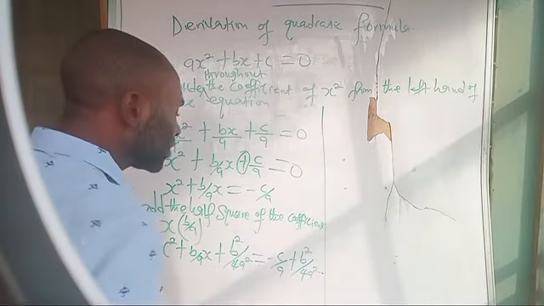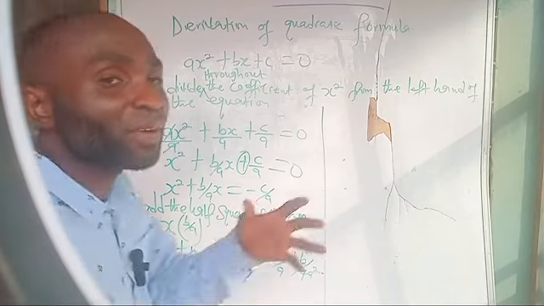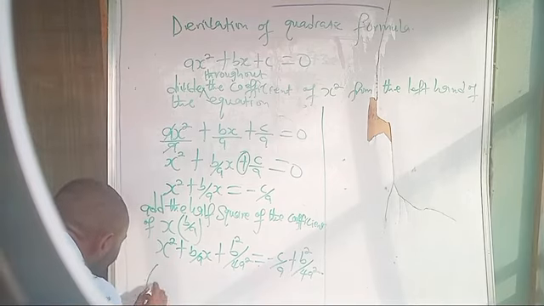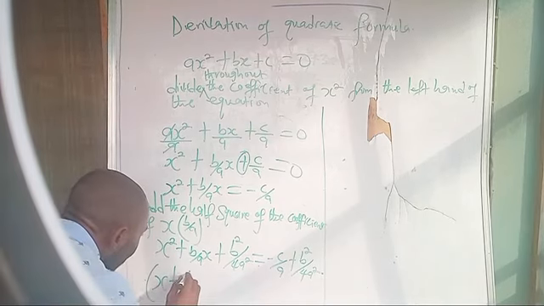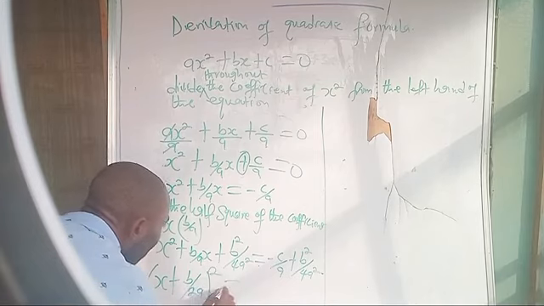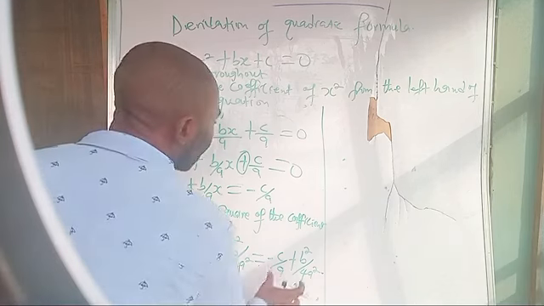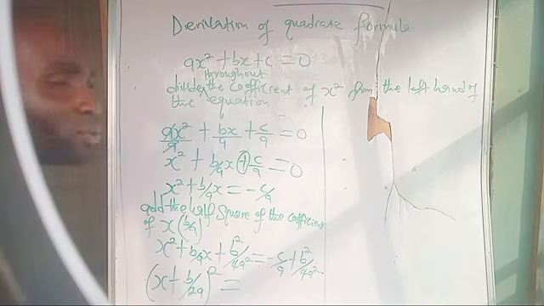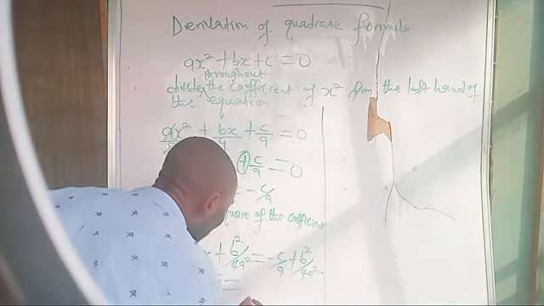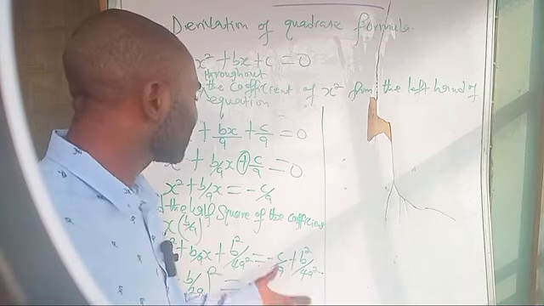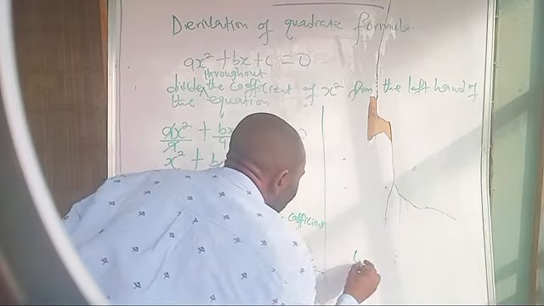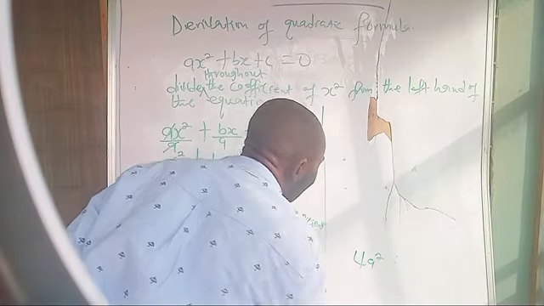So now, since our left hand side is an example of a perfect square equation, we're going to put it in that format, which is x plus b all over 2a, all squared, and this is equal to the other side. We are going to simplify this because the LCM here is 4a squared.